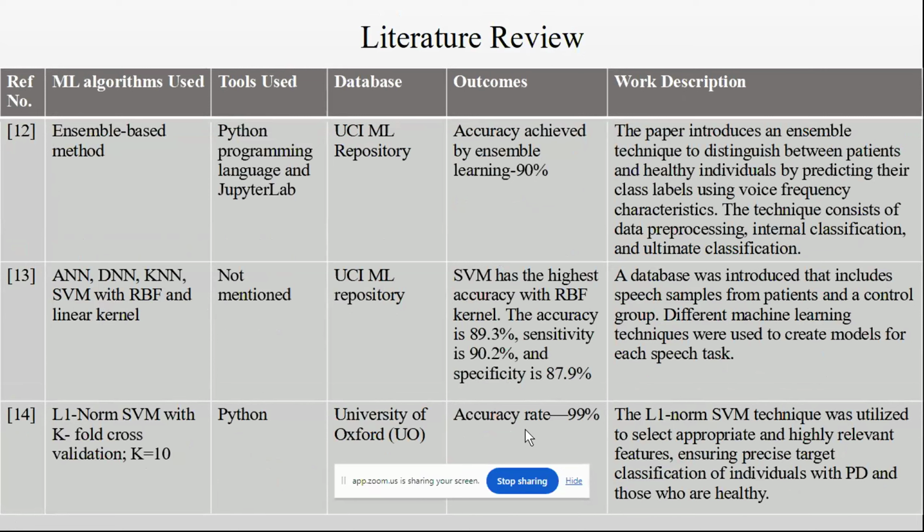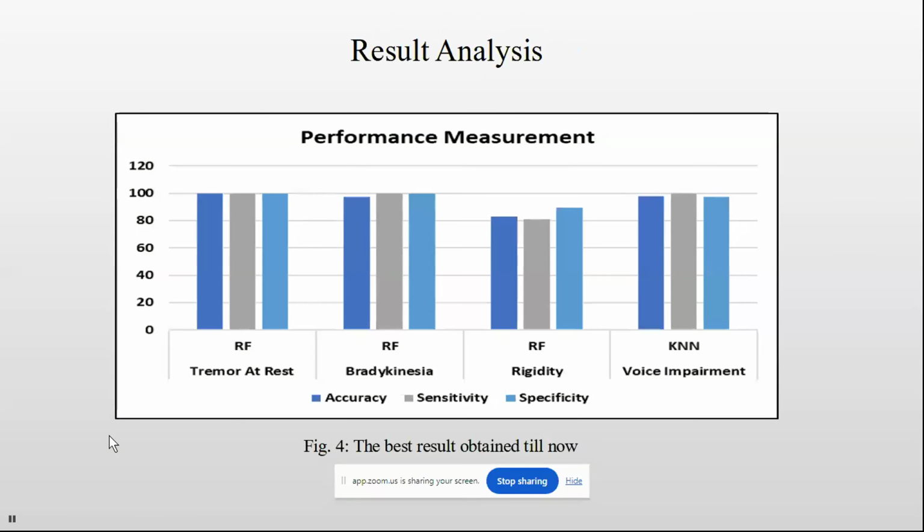Till now, the highest accuracy rate achieved is 99%, which is obtained using L1 norm SVM with k-fold validation, where k is equal to 10, meaning tenfold cross validation. And these are the best results given till now in a study. The best result was obtained nearly equal to 99% by implementing random forest at tremor at rest.